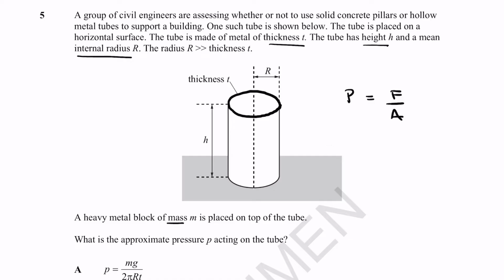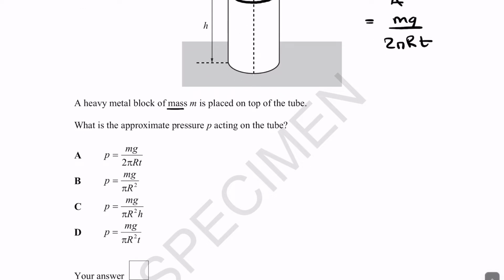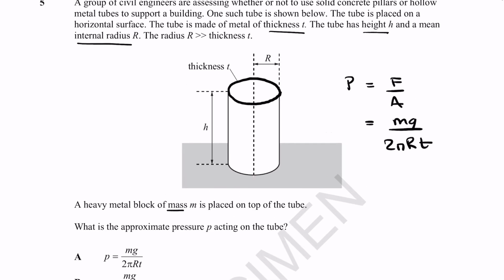Therefore, weight, obviously being the force, mg, of the metal block, divided by the area on which the force is being exerted, which happens to be along the circumference, so 2 pi r times the thickness, which is T. So the correct answer over here will be A. So that's question number 5 done.